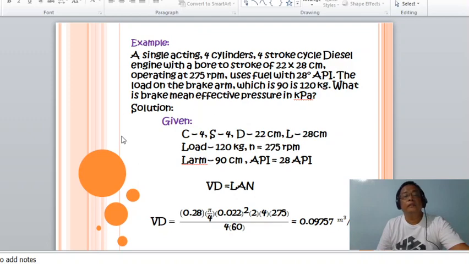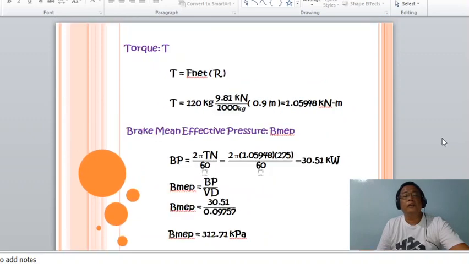So the given, we have here to determine the piston displacement, PD, which equals the length of stroke, area of the bore, and the number of power strokes per minute. So the computed value of the piston displacement now is 0.09757 cubic meter per second. Okay?